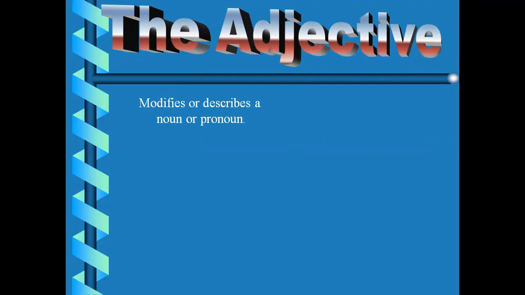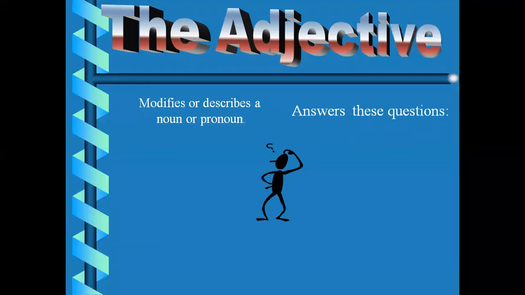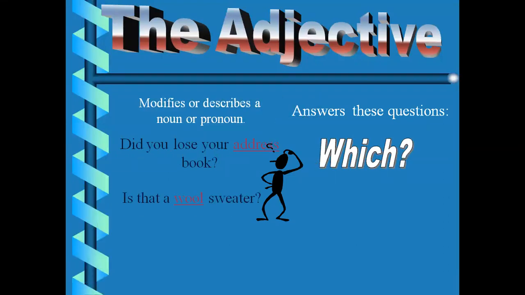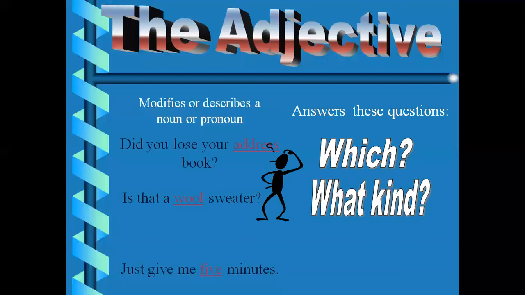The adjectives are words which describe people or describe things. The adjectives are words which we use to describe people, things. Okay. You have to know that the colors are adjectives, the numbers are adjectives. Look at these examples.